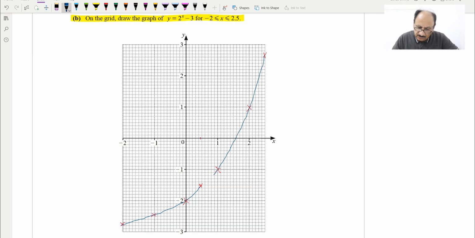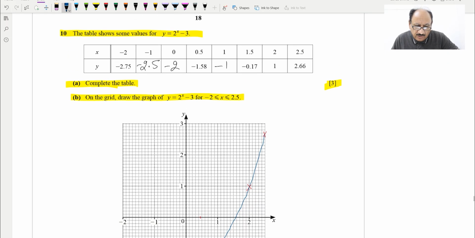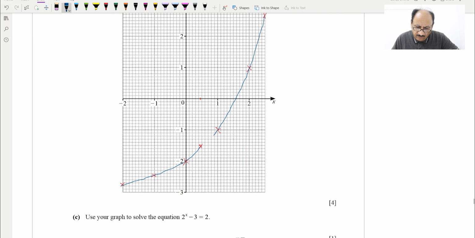And I think this point I need to recheck. 0.5 and minus 1.58. This point is a little odd. 0.5, 0.6. So 1, 2, 3, 4, 5, 6. Yes, this will be here.